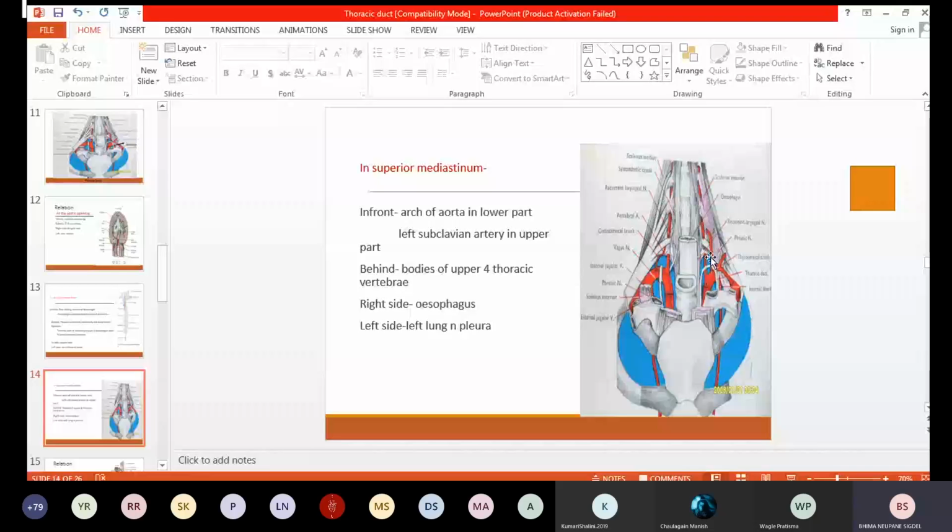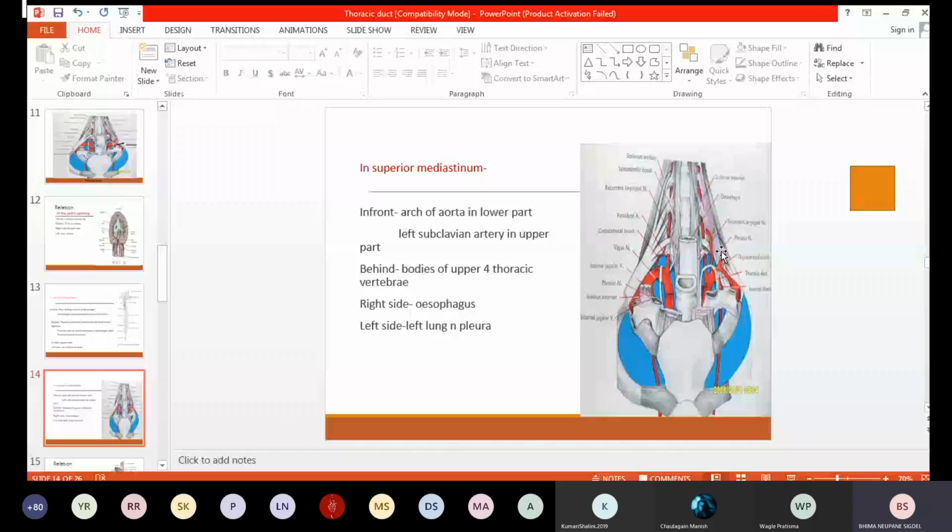Now in front, in the superior mediastinum, first the ascending aorta was there in the heart. From the ascending aorta it forms the arch of the aorta. So the arch of the aorta lies anterior to the thoracic duct in the lower part of the superior mediastinum, whereas in the upper part it is related to the left subclavian artery.